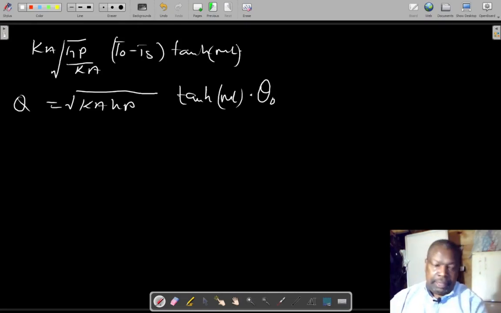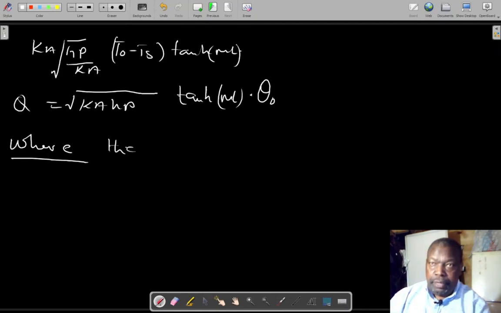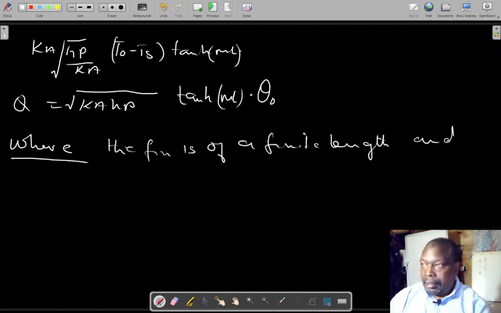Now let us have a look at the last case where the fin is of a finite length and losing heat at its end.